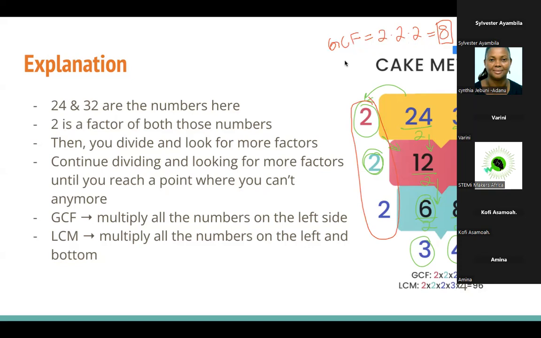And for the LCM, we multiply all the numbers on the left and at the bottom. So our LCM is 2 times 2 times 2 times 3 times 4, which gives us 8 times 12, or 96.